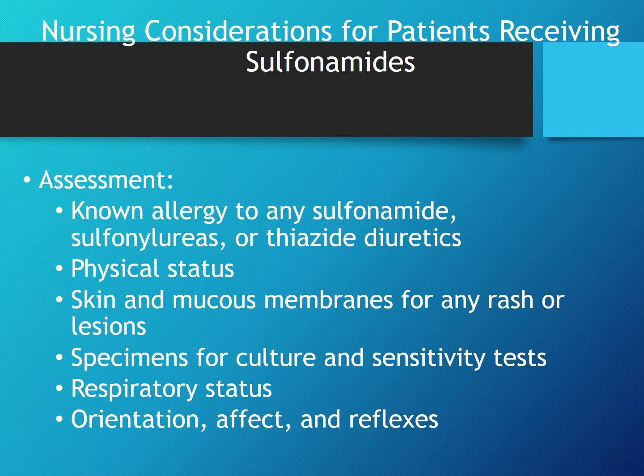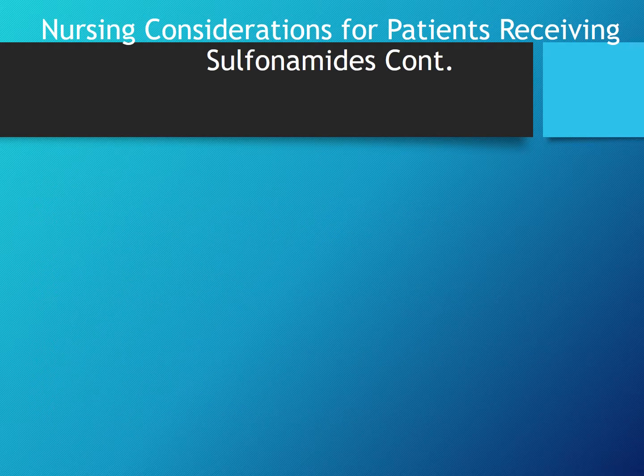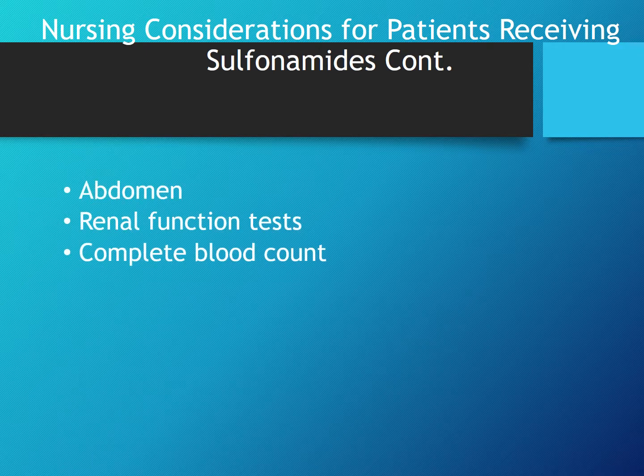We want to make sure that we have already collected specimens for culture and sensitivity, and that we're aware of their respiratory status, their orientation, their affect, and their reflexes. We need baselines to go on. In addition, we would want to assess their abdomen, their renal function tests, and a complete blood count so we're aware of what is physically going on with our patient.